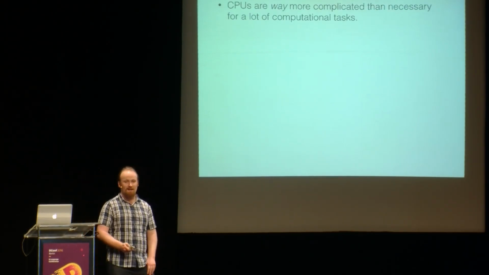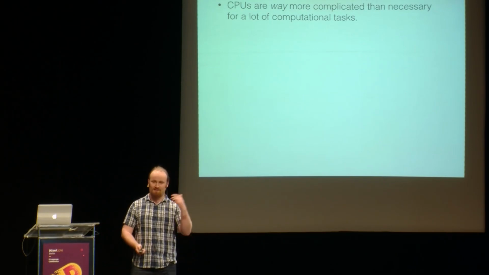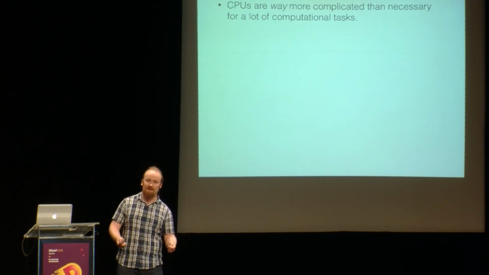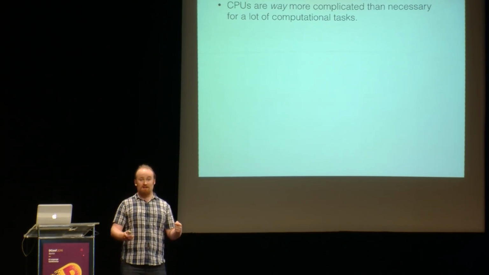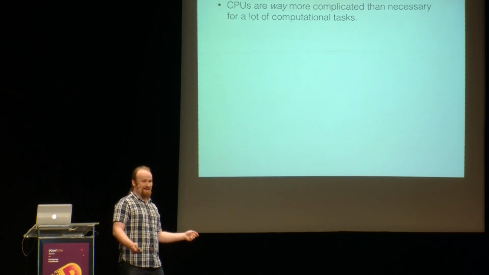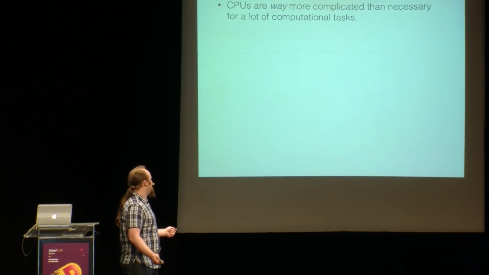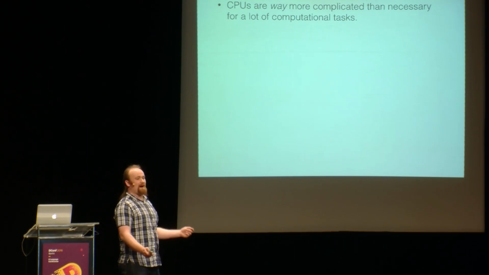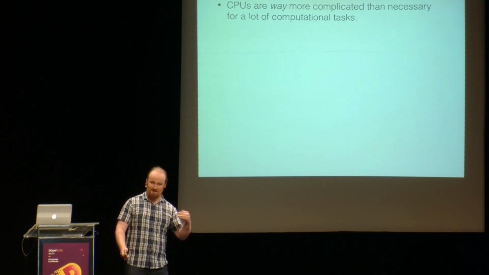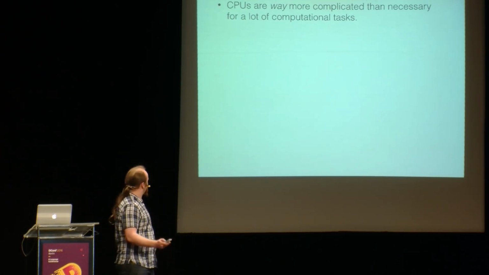CPUs are really, really complicated these days. We've had a lot of stuff mentioned earlier in the conference about this. There's a huge amount of technology in them that is really great for papering over the cracks of your rubbish code, but it's not going to be power efficient or cost efficient if what you're doing is very simple, sometimes.